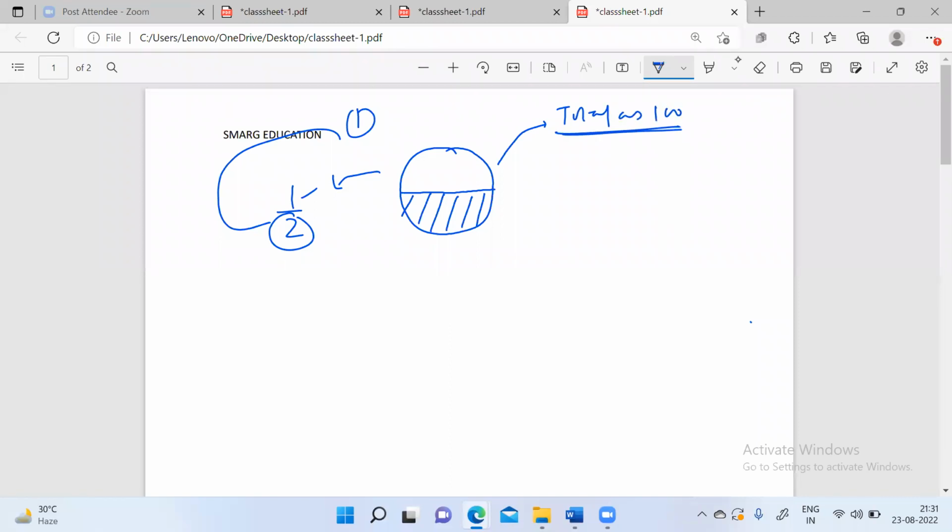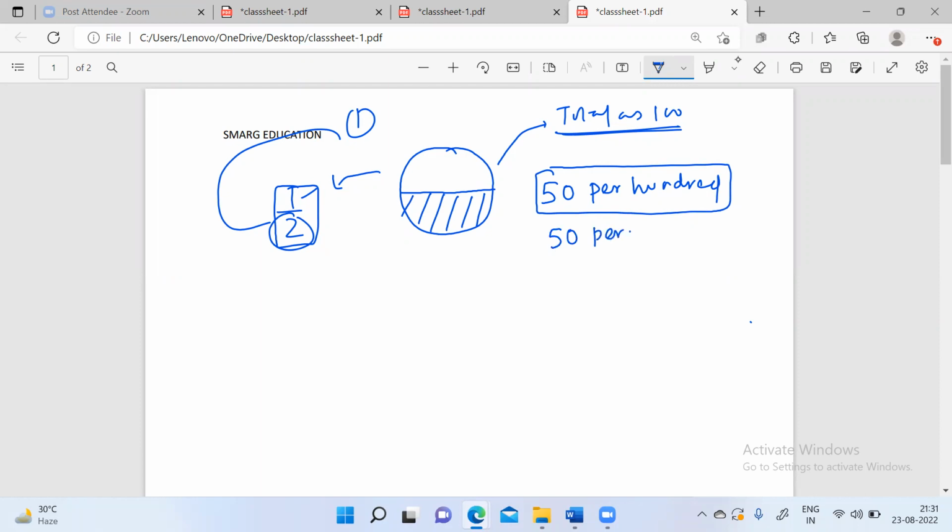If the entire circle is 100, how much is dark? 50. So as a rate representation, I can say 50 per 100. I'm representing the parts only, but in a percentage way rather than a fractional way. So 15 per 100 is dark, and to write it in smaller form, we write 15%. Per cent means 100, so 15% is dark.